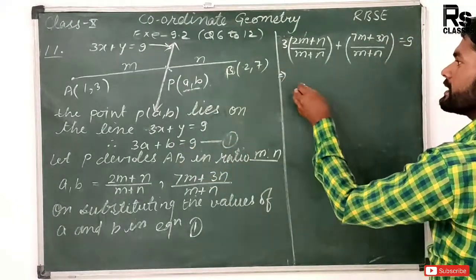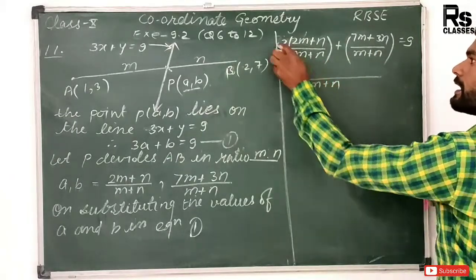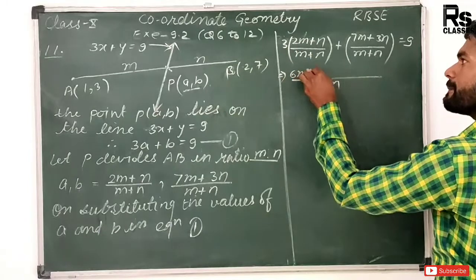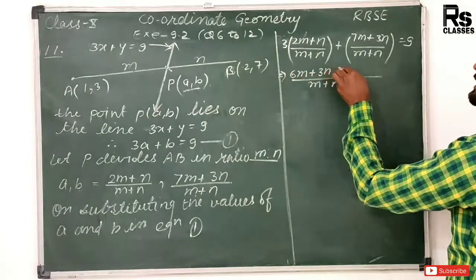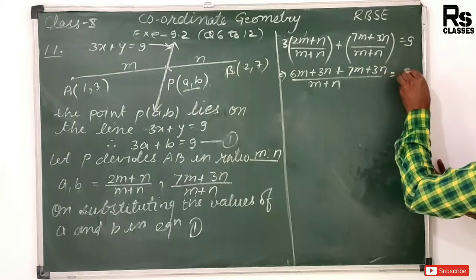Now take the LCM, m plus n and m plus n. So LCM is m plus n. Open this bracket. 6m plus 3n plus 7m plus 3n is equals to 9.